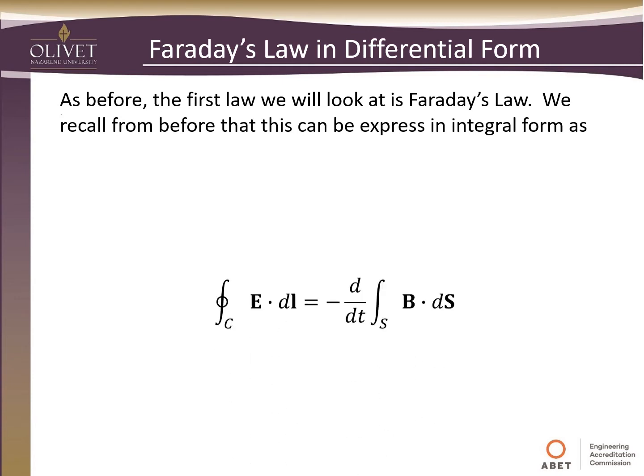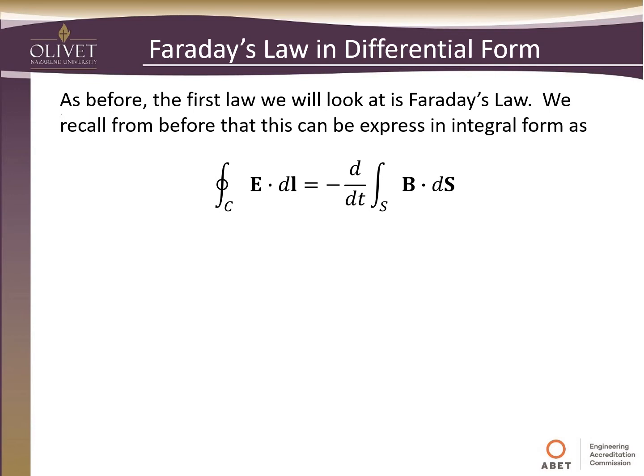So we recall from the previous lecture where we derived it that this is the form of it. It basically means that if we take some closed loop and we integrate, or sum up, the E field along the length, and this length is a vector length, so it has a direction, so the E field that's in the direction of the path, if we sum that up, it should equal the time derivative of the magnetic field passing through the surface that's bounded by this curve.